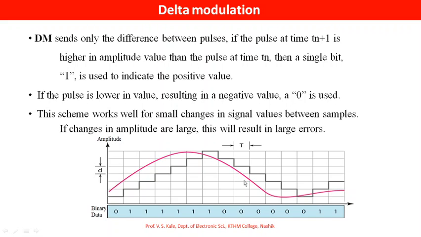That is, at the beginning Tn plus 1 is larger than Tn, so 1 is transmitted. Tn plus 1 is smaller than Tn, so 0 is transmitted. So binary data is only in the form of zeros and 1. These zeros and 1s indicate where the signal is increasing or where the signal is decreasing.